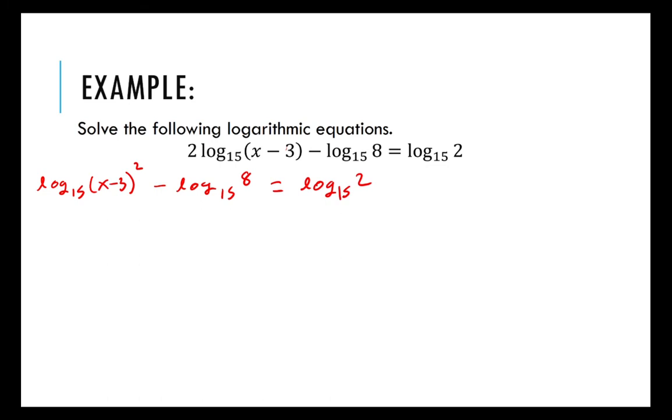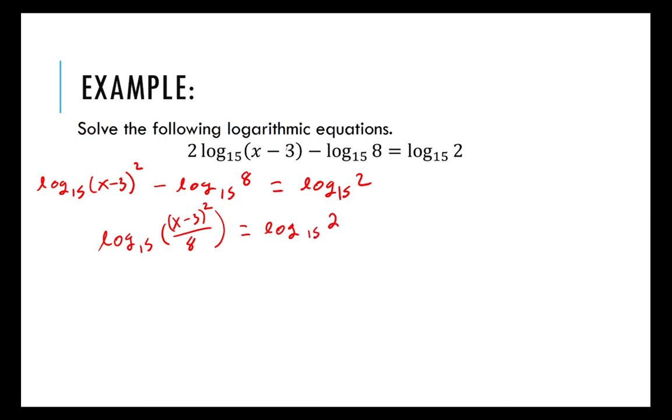Then I want to use more logarithm properties and try to get a single logarithm on both sides of the equation. So here I have subtraction of logs with matching bases. That means I can divide the arguments inside the logarithm. So that's going to be log base 15 of x minus 3 quantity squared divided by 8, which is then equal to log base 15 of 2.